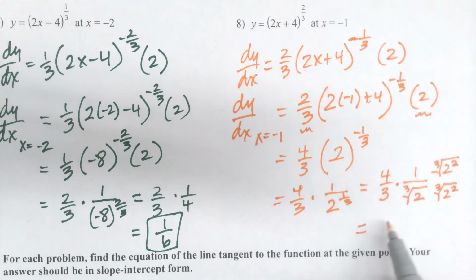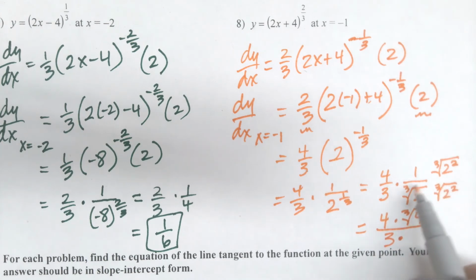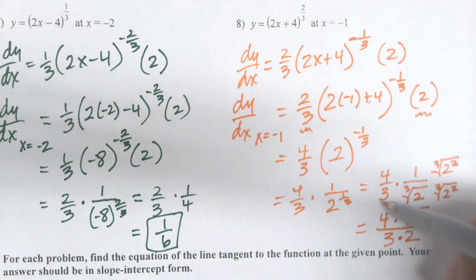So I have 4 times 1 times the cube root of 4, because that's what 2 squared is, over 3 times 2. My whole point in doing this is to get that out of that radical. Well, then I can simplify here.